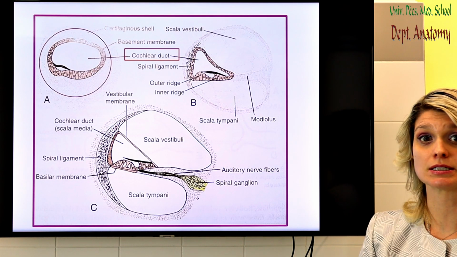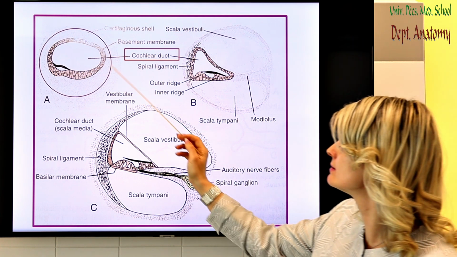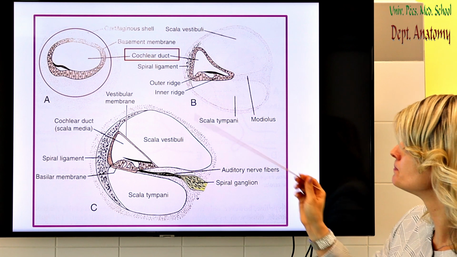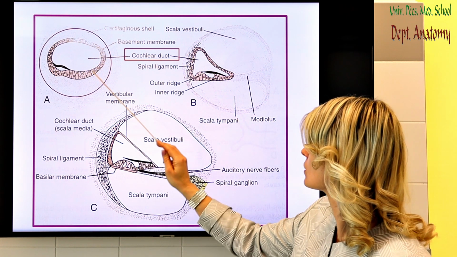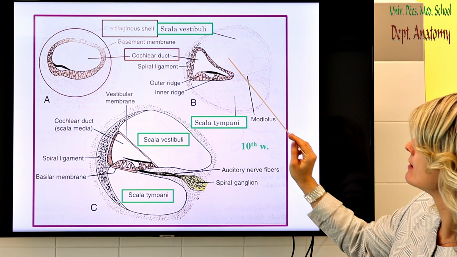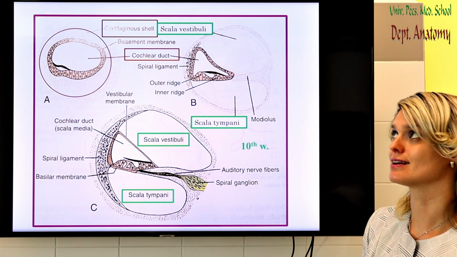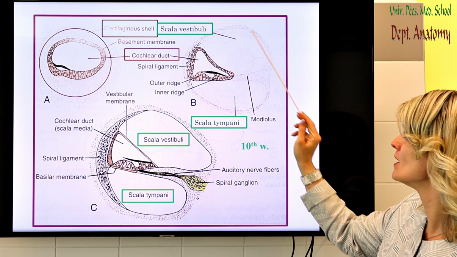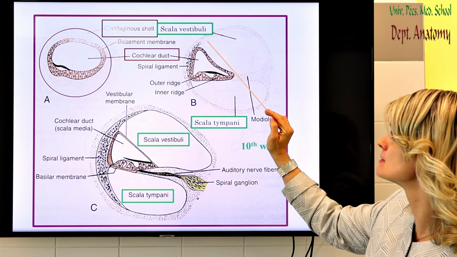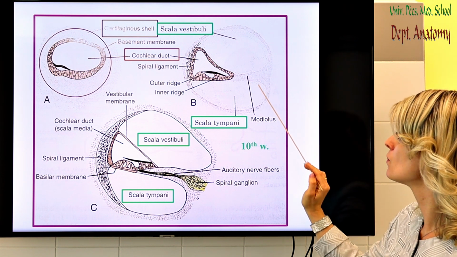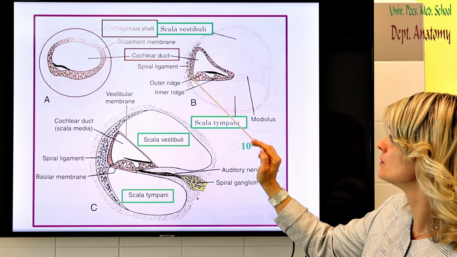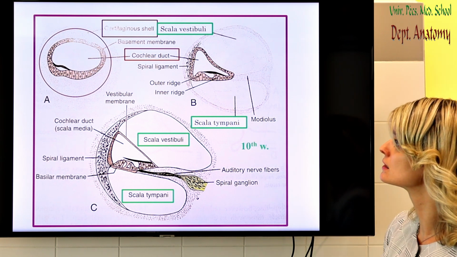This cochlear duct is located in the cartilaginous shell, and here you can see the cochlear duct. This is the cartilaginous shell around, and there it will vacuolize to form two parts, the scala vestibuli here, and the lower part will be the scala tympani, and here you can see the cochlear duct.